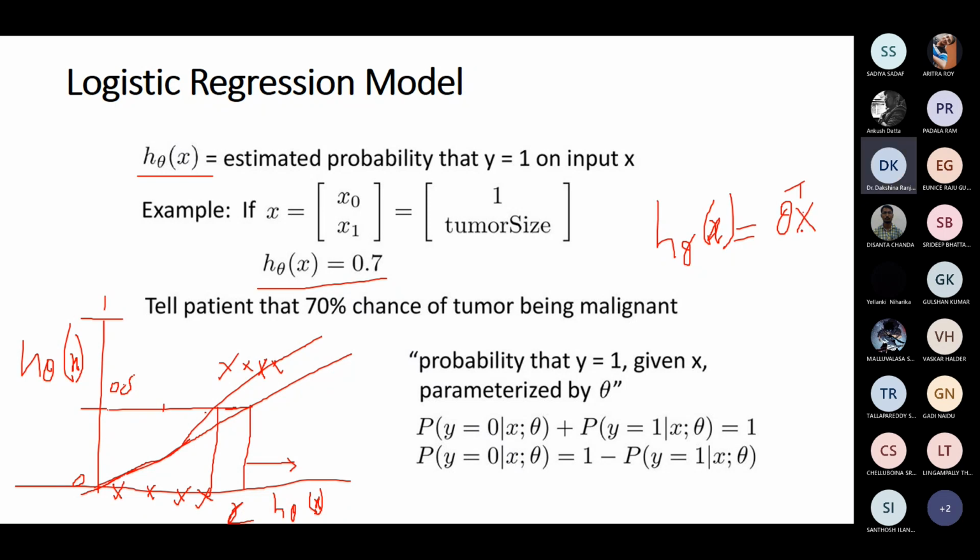Okay, x is the feature vector and theta transpose is the parameter vector. So here we are taking the transpose of theta, and we are taking the dot product between theta transpose and x. Okay, and this will give us the hypothesis value h theta x.